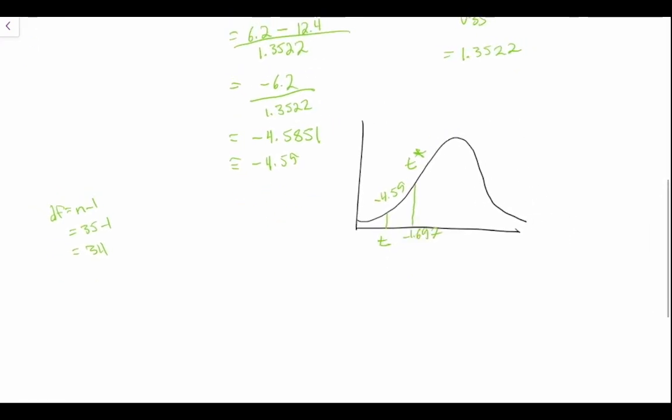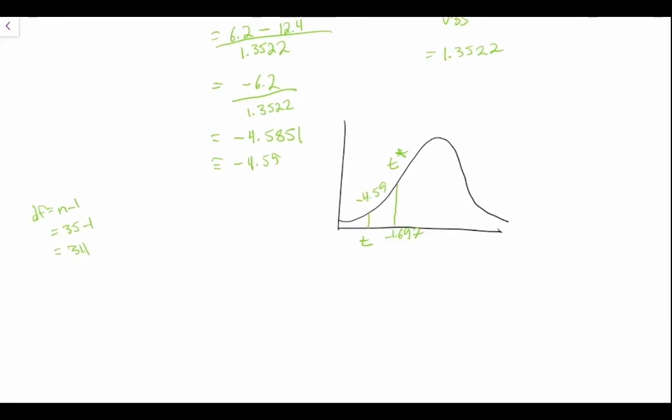So importantly, then, what we conclude is since t is less than t star, we know that the probability that y bar is less than... we'll just say the following. Since t is less than t star, we know that the probability is less than 0.05.